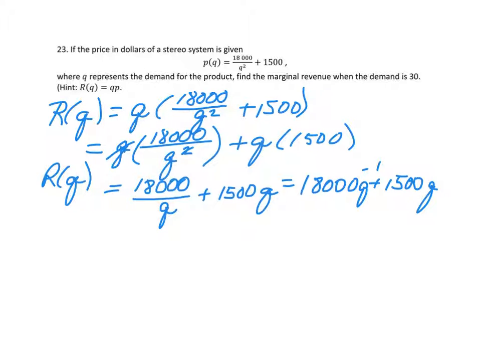So now we'll take the derivative. And negative 1 times 18,000 is negative 18,000.